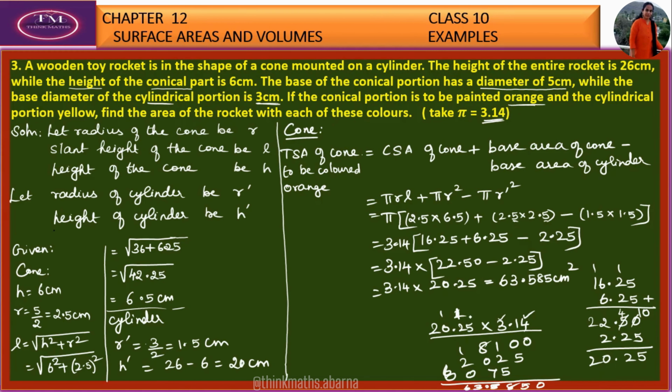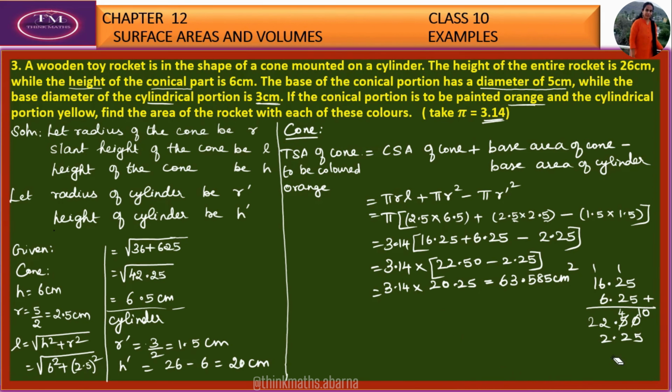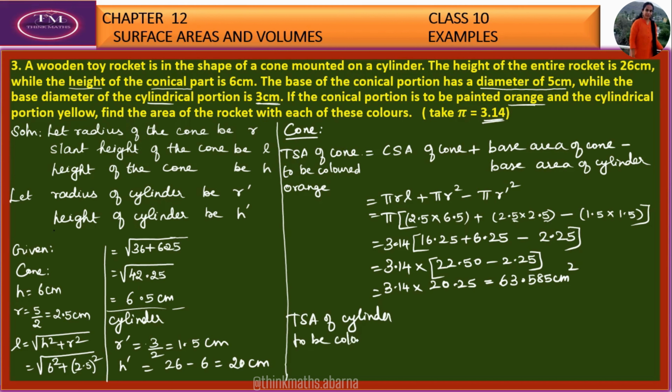So let me erase this calculation. Total surface area of cylinder to be colored yellow.